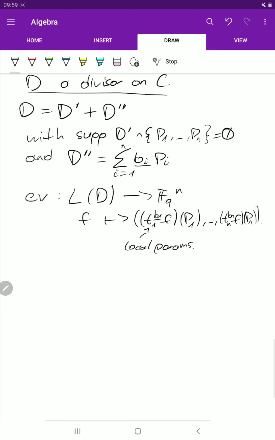And the space L(D), let me remind you what this is.